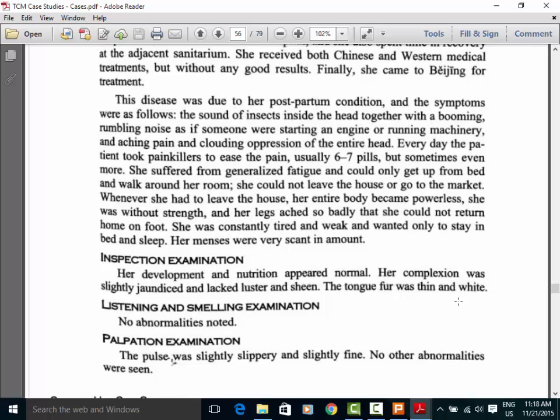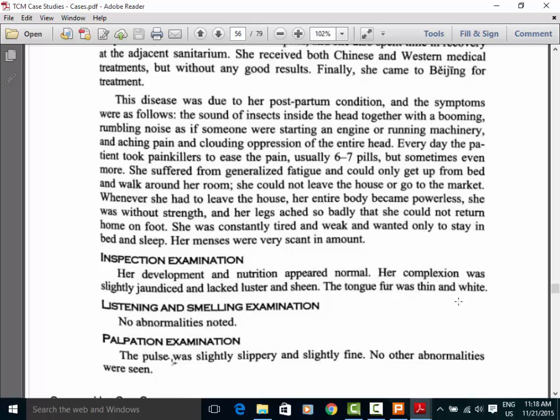Generalized fatigue. Taking pain meds, generalized fatigue, could only get up from bed to walk around a room, couldn't leave her house to go to the market. Whenever she had to leave her house, her entire body became powerless. She was without strength. Her legs ached so badly, she could not return home on foot.